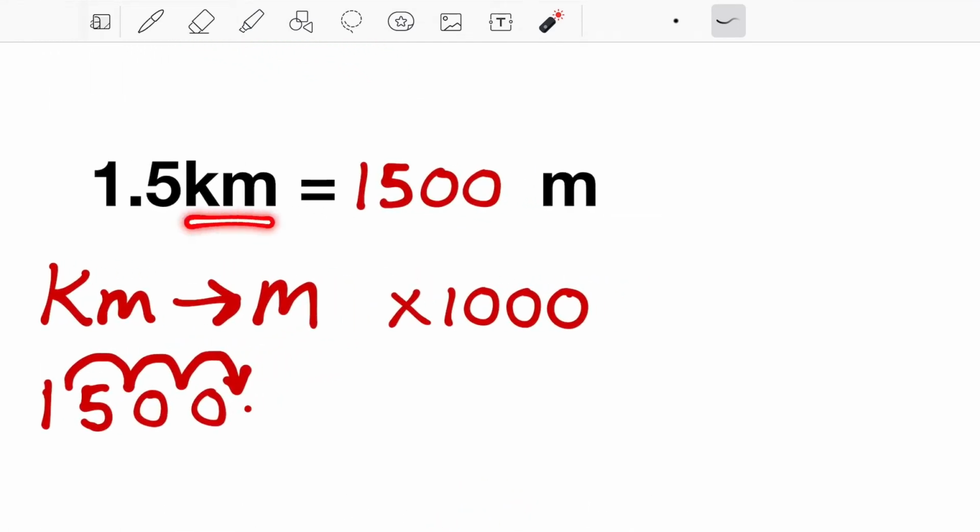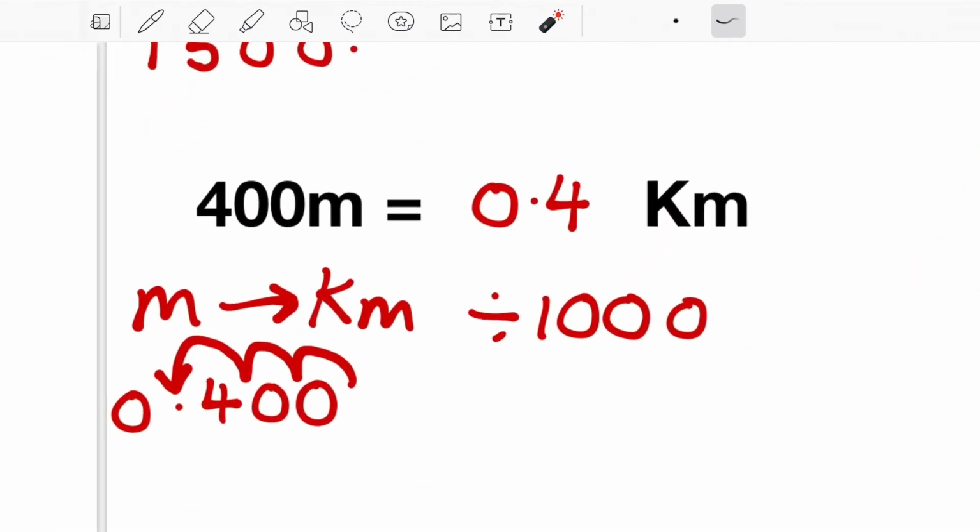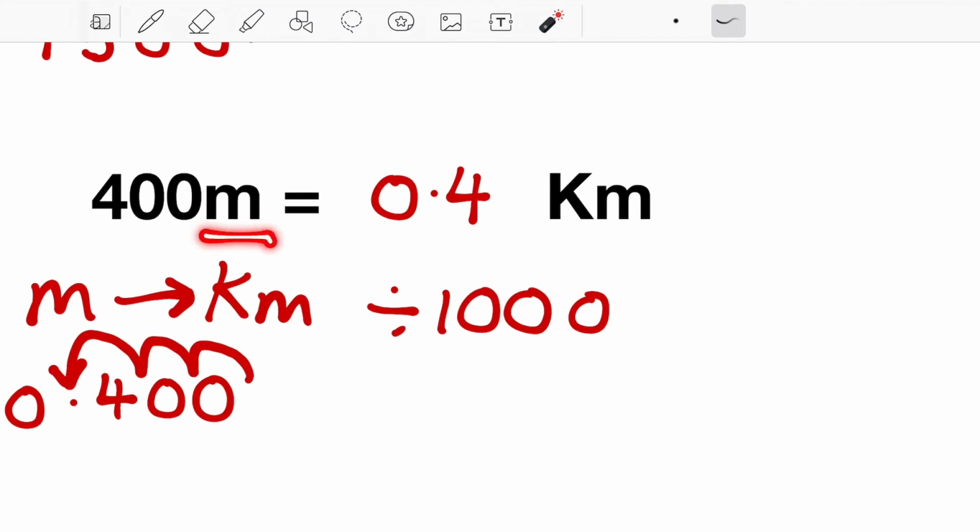To go from kilometers to meters, we must multiply by 1000, which means to shift the point 3 places to the right, so it becomes 1500 meters. To convert from meters to kilometers, we must divide by 1000, which means to shift the point 3 places to the left.